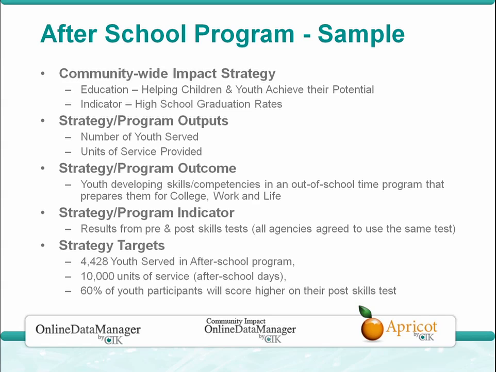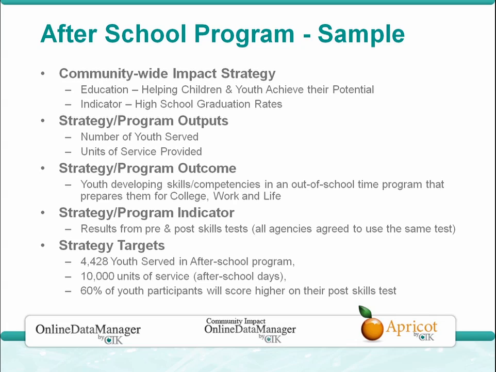And to move forward, I'm going to give an example from what we were doing in Tucson. I will be utilizing graphs, charts and forms from CTK's online system, just so you can see how you can begin to do those kinds of things with technology. As we start the community-wide impact strategy, the issue we were working on was education, which is helping children and youth achieve their potential.